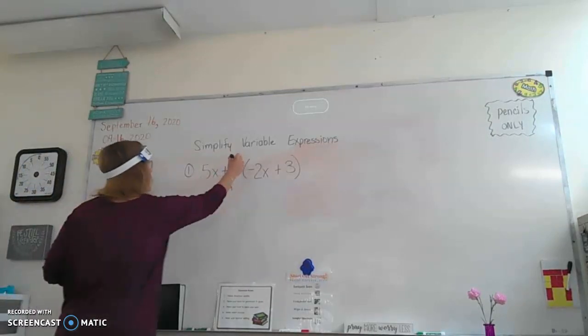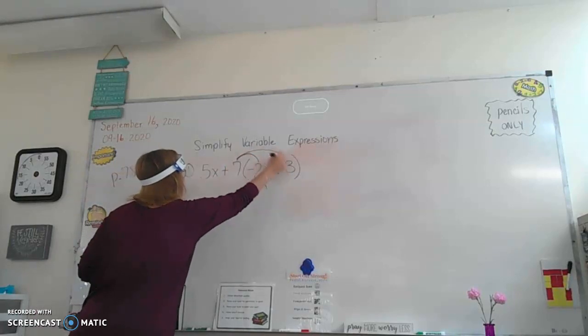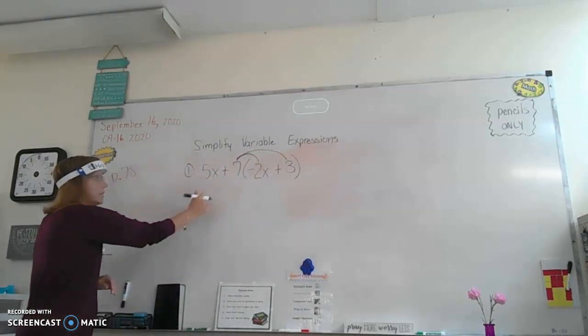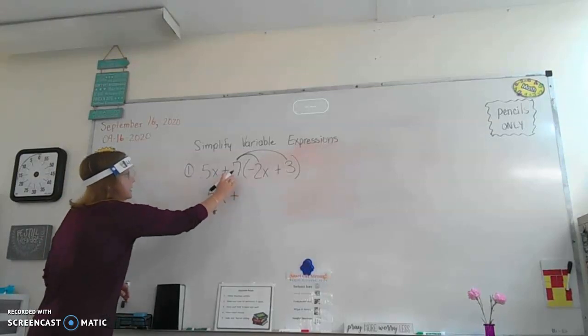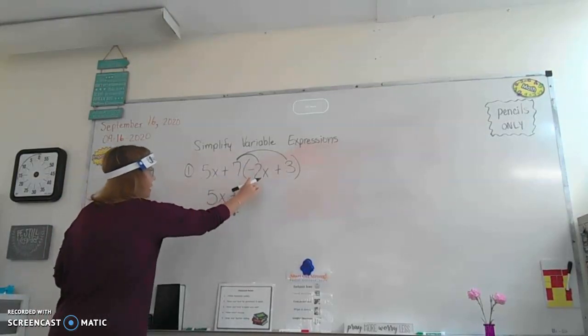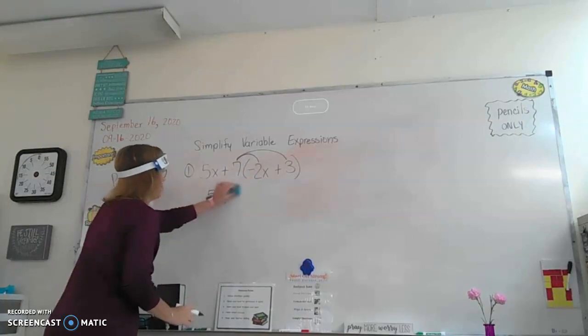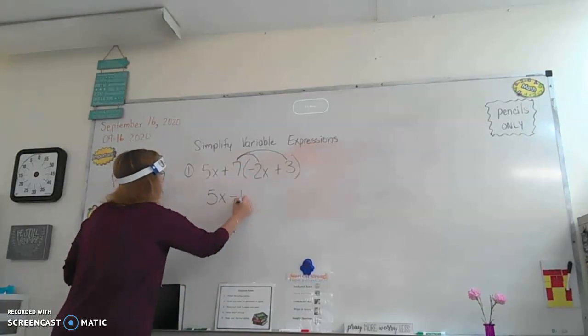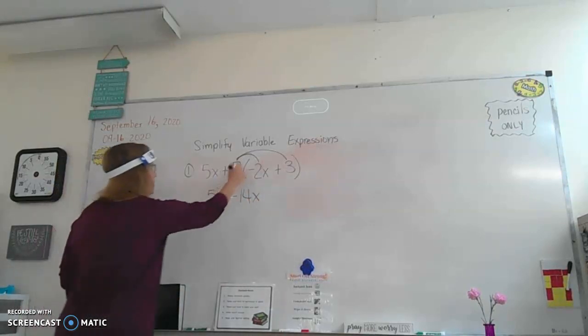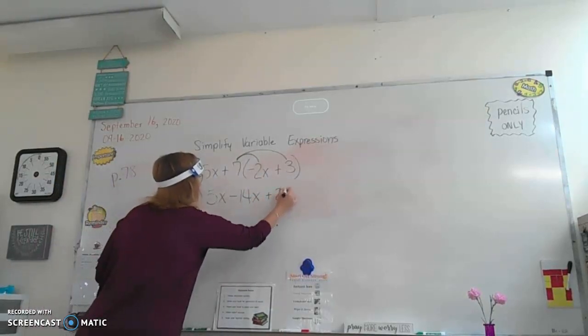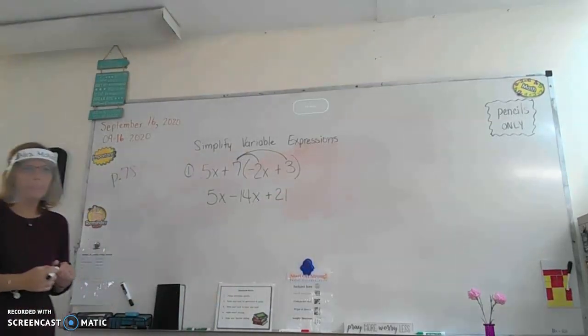So I'm going to multiply it by everything on the inside. I'm going to bring this 5x down because I'm not using it yet. 7 times negative 2x is going to be negative 14x. And then 7 times 3 is going to be 21.